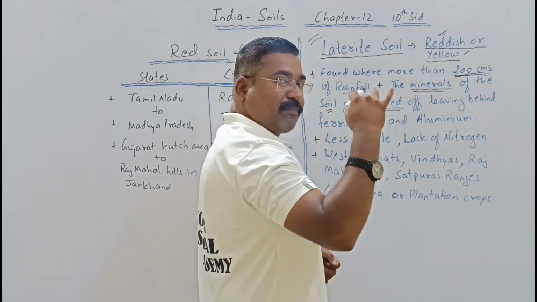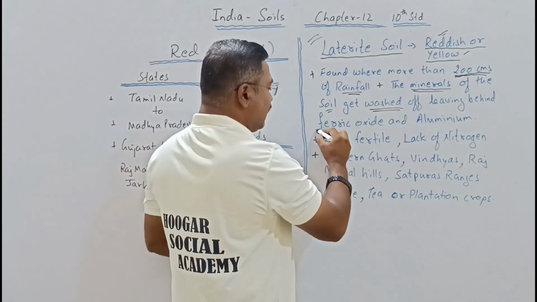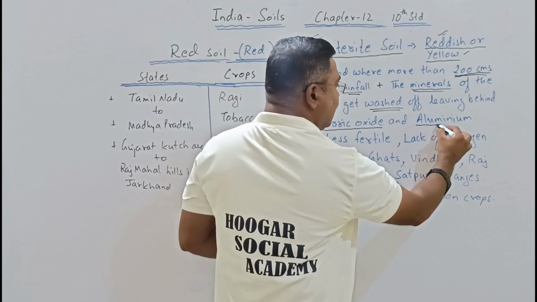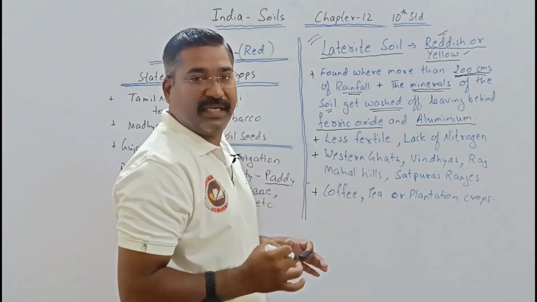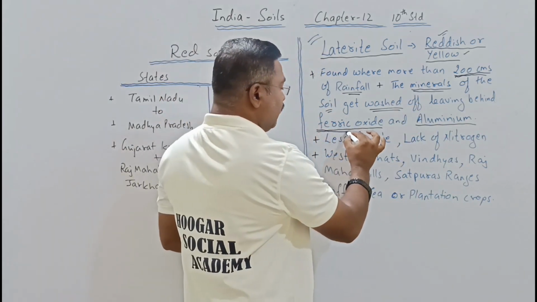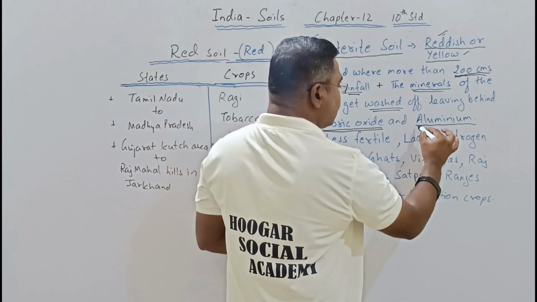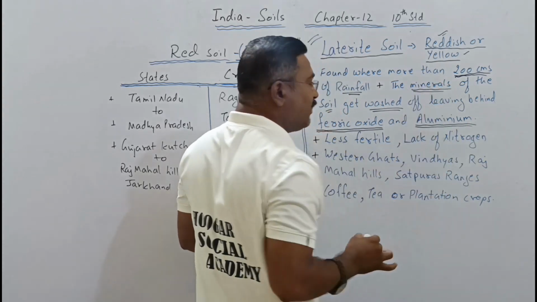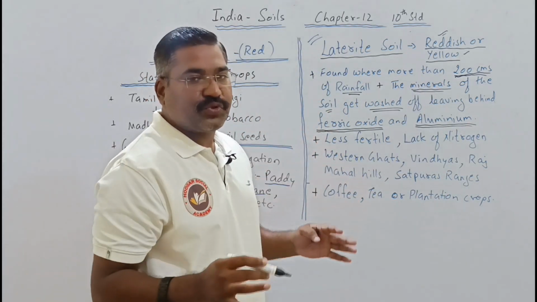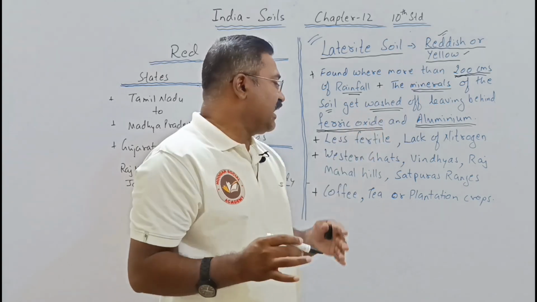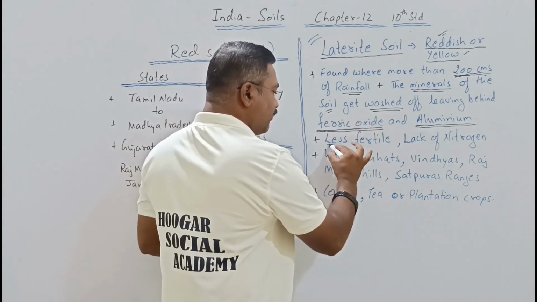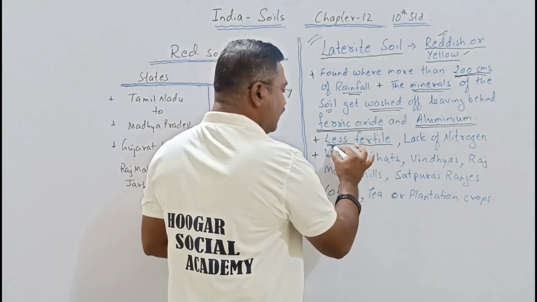The good soil's upper layer moves away, and what remains is ferric oxide as well as aluminium, which is not too suitable for agriculture. This is the reason we see it as less fertile.